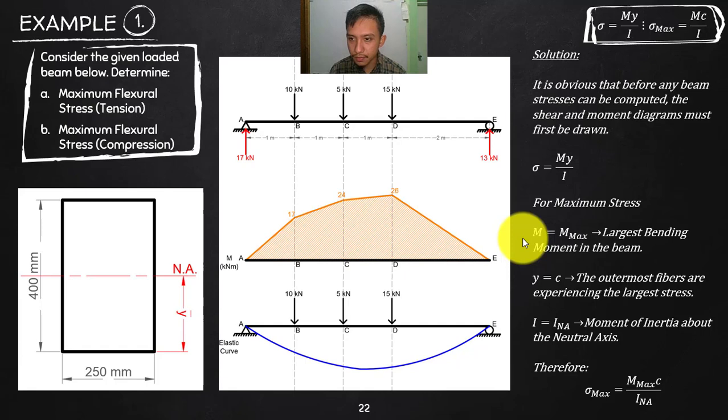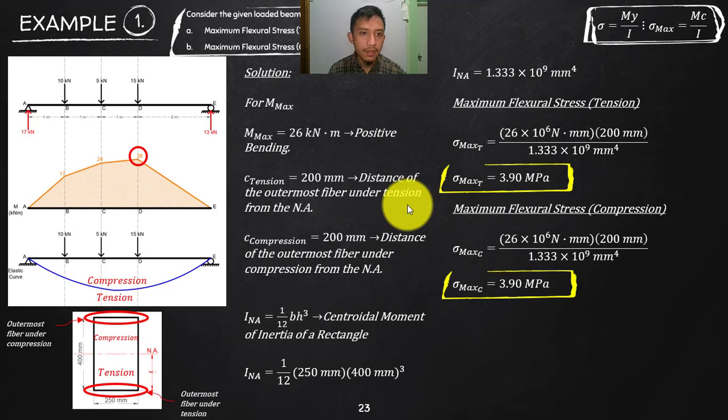Okay, you can read about this; I already explained that one. For us to get the maximum stresses, you need to use the maximum moment, and that is 26 here. So that is your maximum moment. As I've said, this will be under compression and that under tension, due to this type of concavity. You can read that from the sign of the moment.